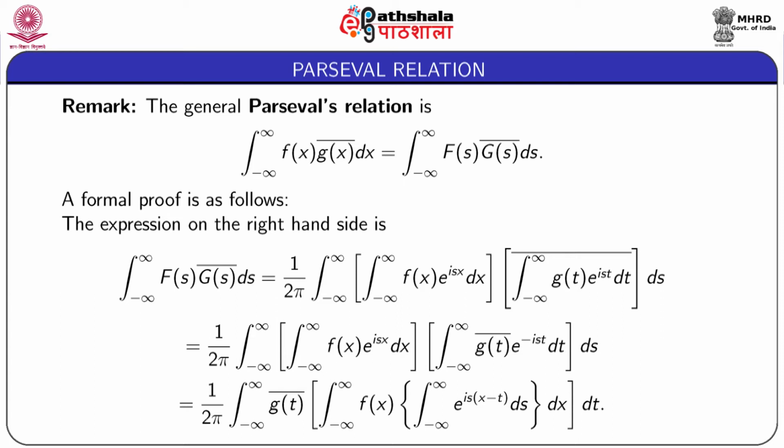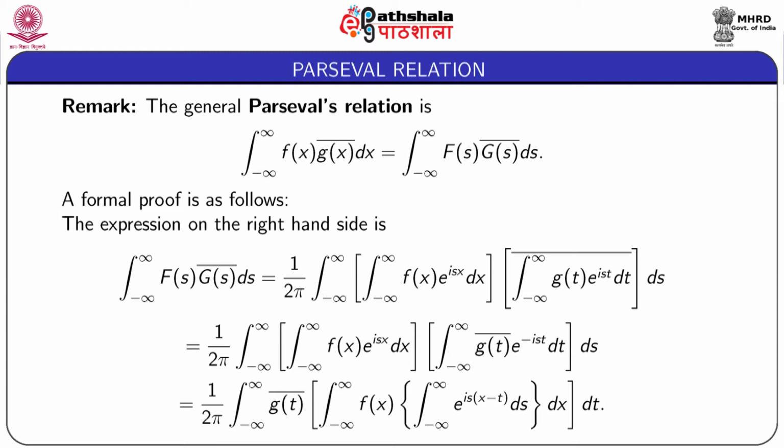We get the last step from the previous step by interchanging the order of integration, so that the outermost integral is the t integral, the inner integral is the x integral, and the innermost integral is the s integral.